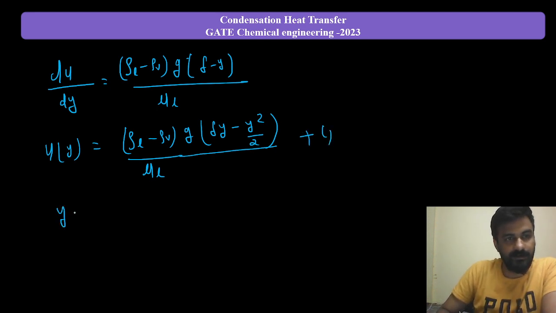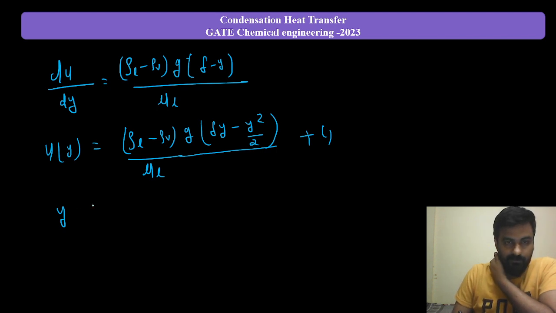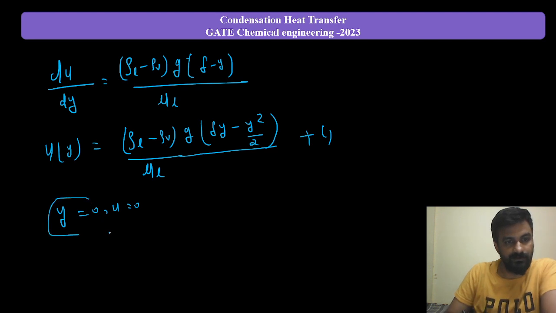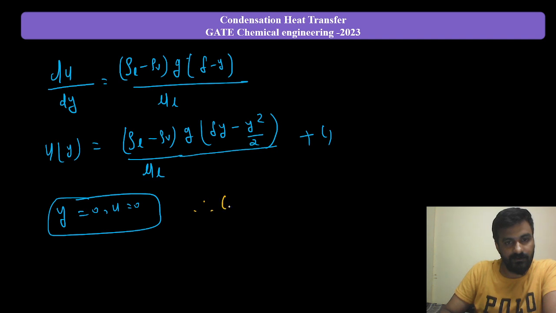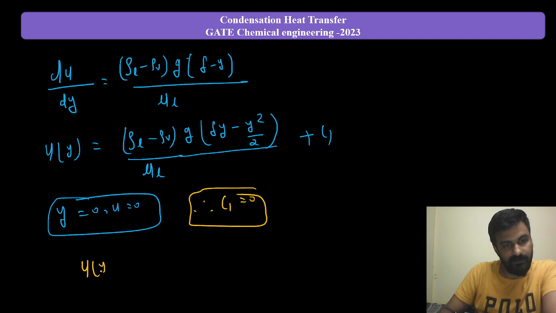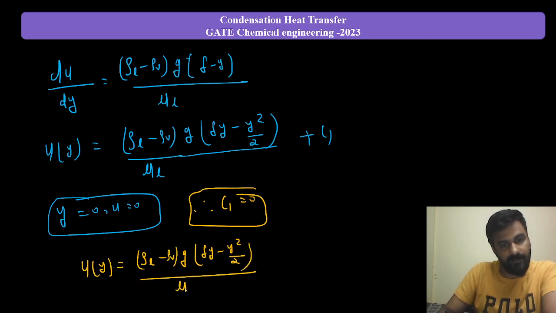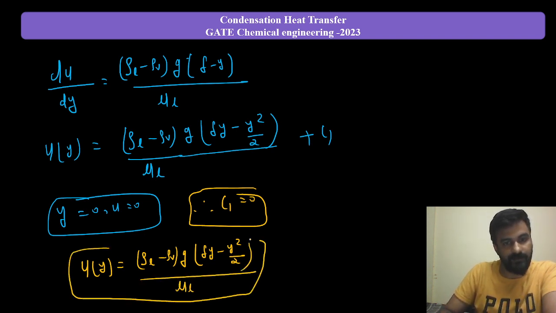At y is equal to 0, u is equal to 0. This is our boundary condition that we'll have to use over here, so c1 will be equal to 0. So we get the relation of velocity along the y direction of that condensate: rho l minus rho v into g (delta y minus y square upon 2) by mu l. It's a very important relation that we have derived over here.